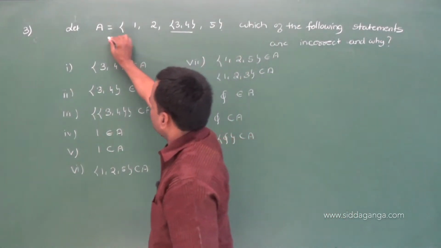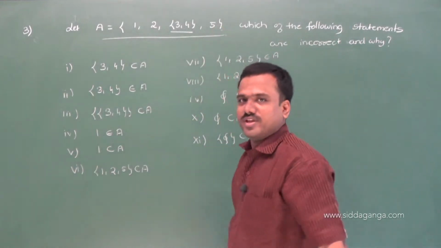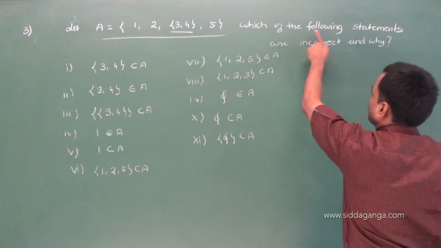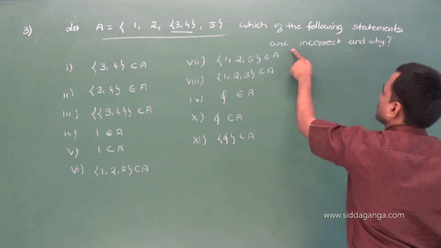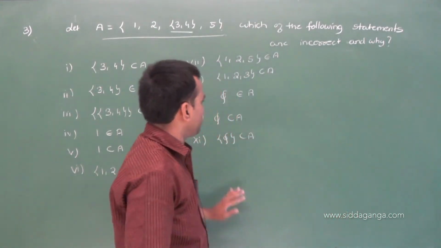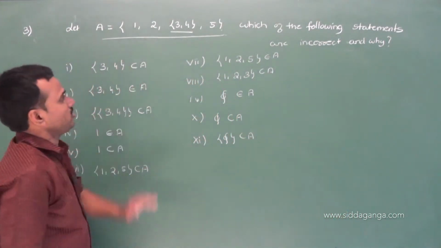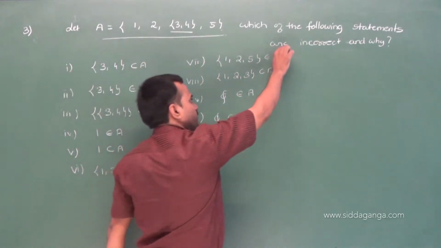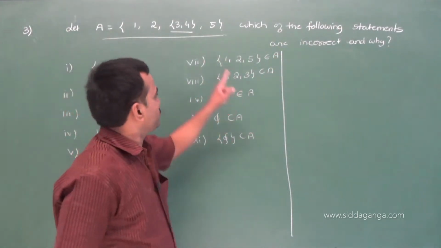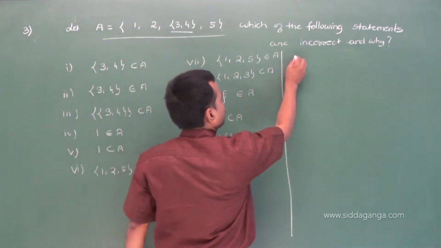He has given a set. What did he ask? Which of the following statements are incorrect? These are all the statements he has given. Firstly, what do we do? We write the elements.